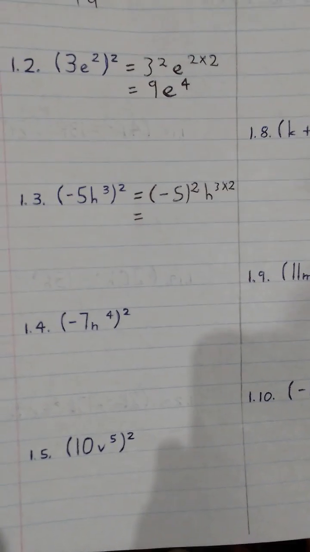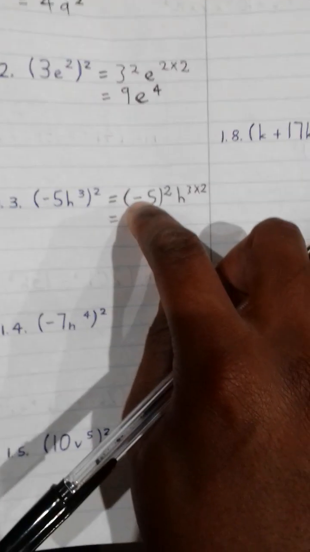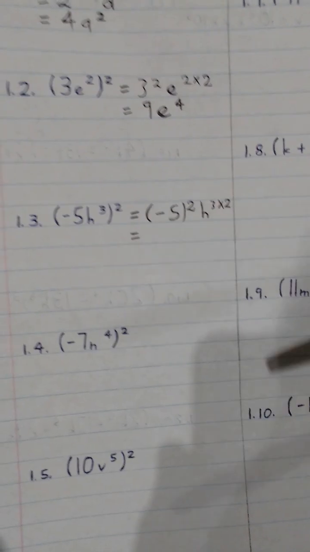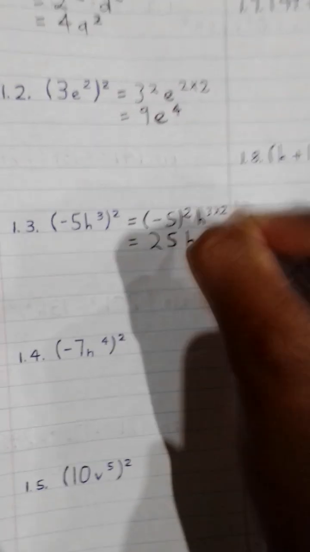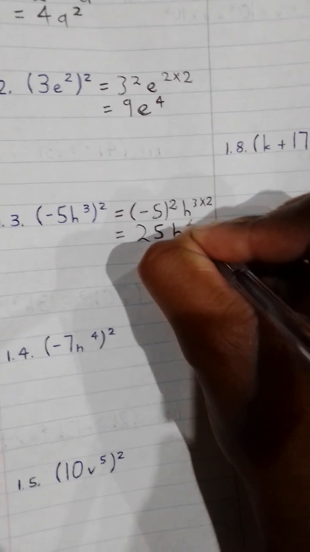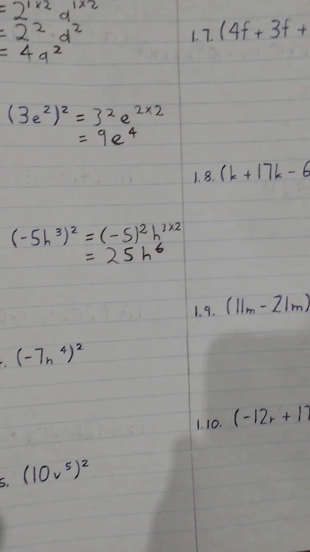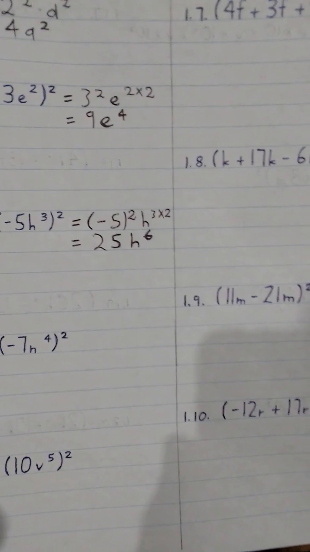If it's like this, negative times negative, positive, 5 times 5, 25, h, 3 times 2 is 6. So the final answer is 25h to the power of 6.